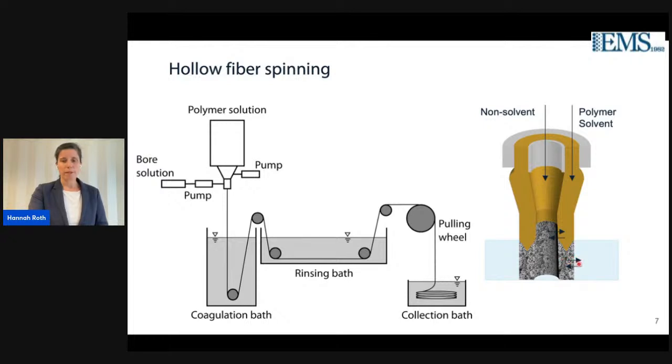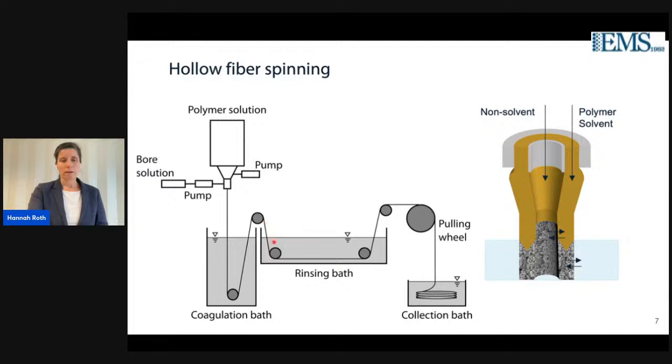And what is happening in this coagulation process is that non-solvent is intruding into the polymer solution and solvent is being washed out, and then the polymer that initially was dissolved in the solvent is then precipitating in a porous way.